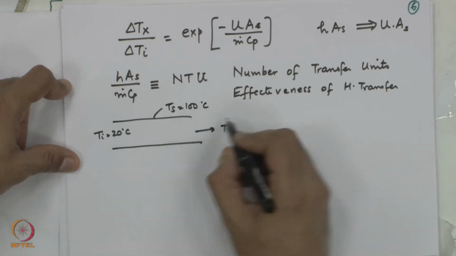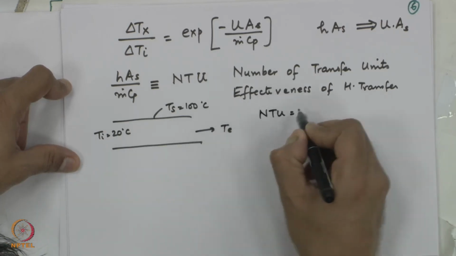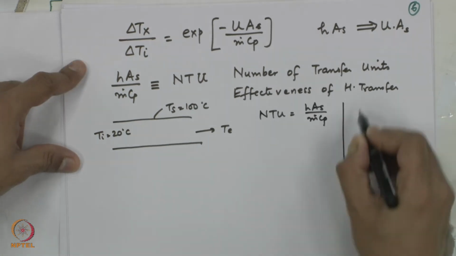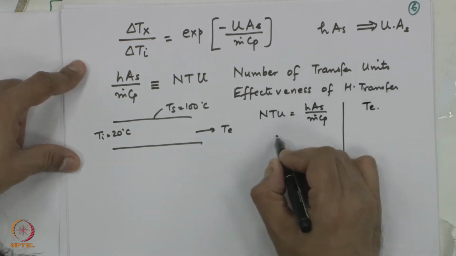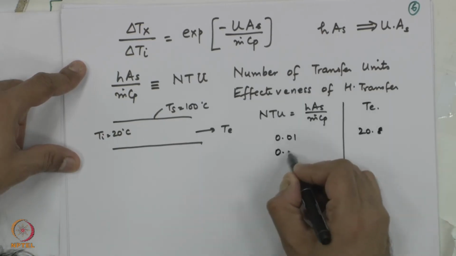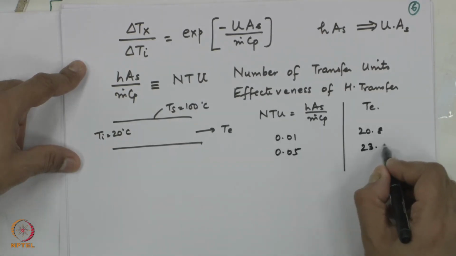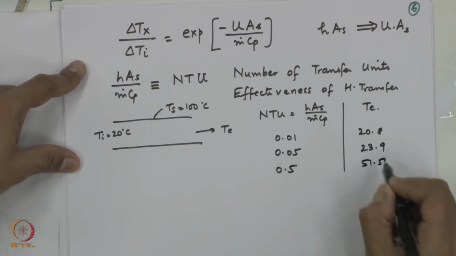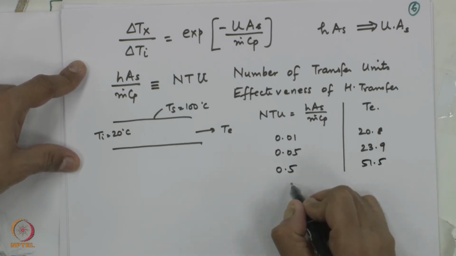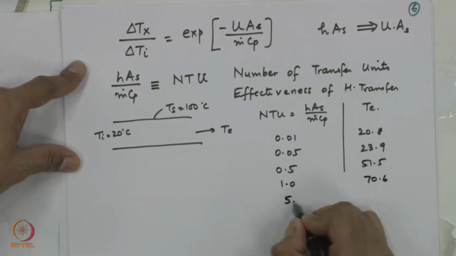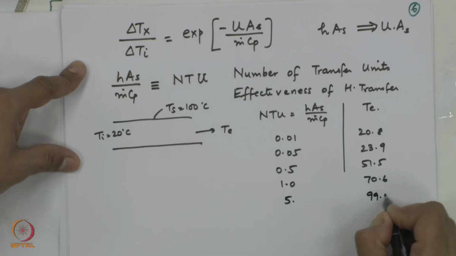So, if I put NTU equal to hAs by m dot Cp and calculate T exit, NTU of 0.01 gives me T exit of 20.8, 0.05 gives me 23.9, 0.5 gives me 51.5 as exit temperature, 1 NTU gives me 70.6, 5 gives me 99.5, and making it 10 gives me 100.